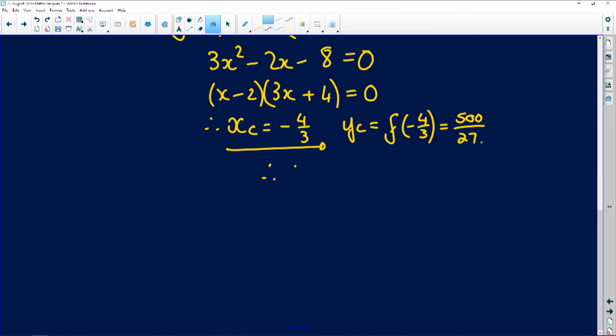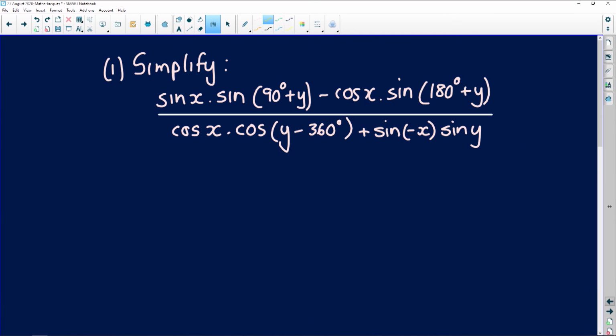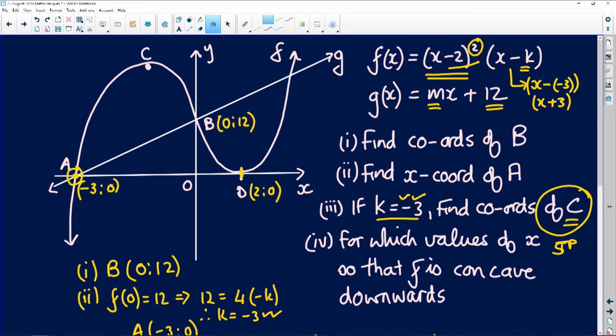Tell them the coordinates for C is minus 4 over 3 and 500 over 27 for the point C, the turning point. Okay, so remember, the moment it touches the curve, it's a root of multiplicity 2, meaning it's an x-intercept as well as a turning point. Now, let me just see if I've got my next question on that. No, let's just quickly finish this question.